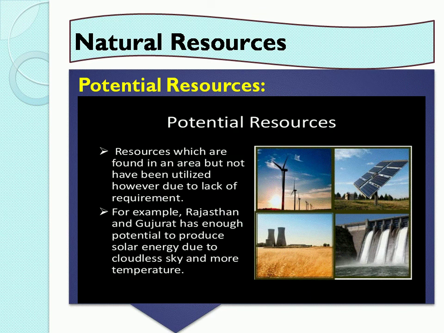What do potential resources mean? Potential resources are those whose entire quantity may not be known and these are not being used at present. These resources could be used in the future.